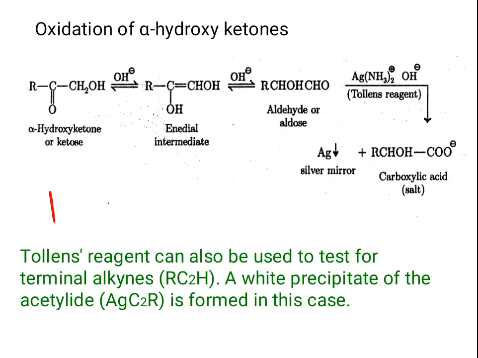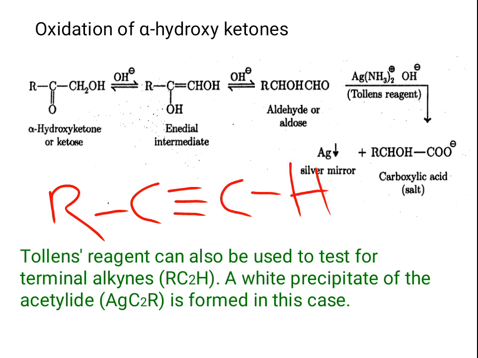Terminal alkyne means this one, R C triple bond C H. If the Tollens reagent reacts with this, then this will form this one, R C triple bond C Ag, silver acetylide, and in this case you will get a false test.